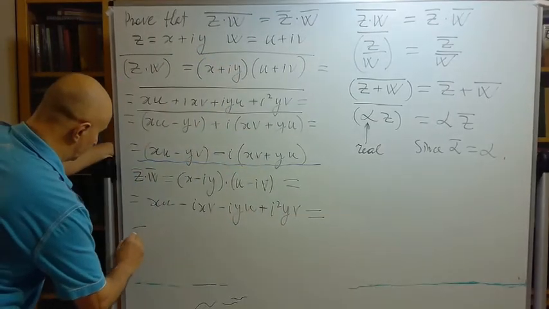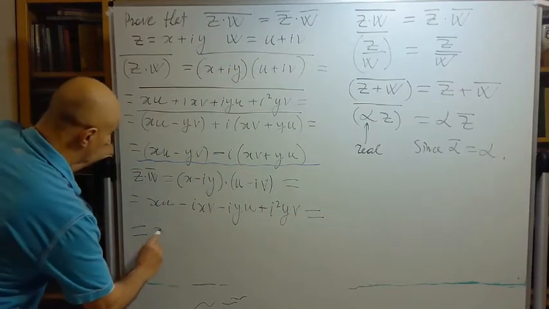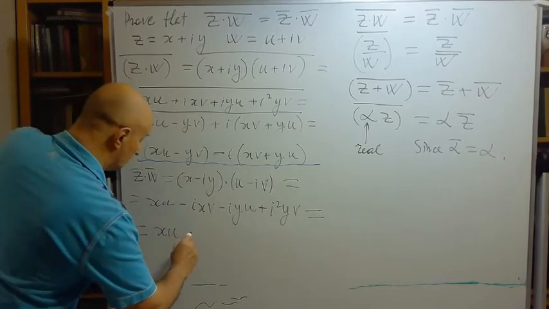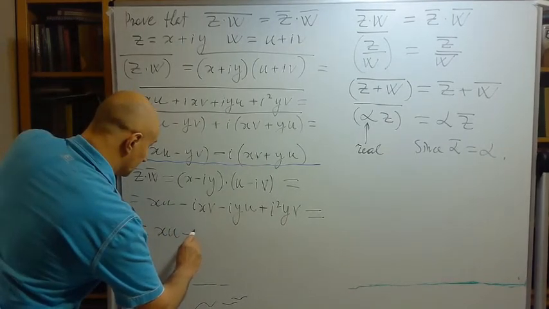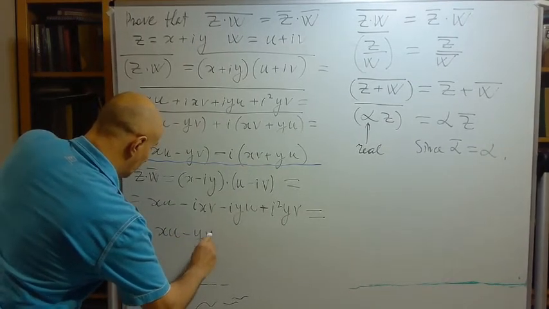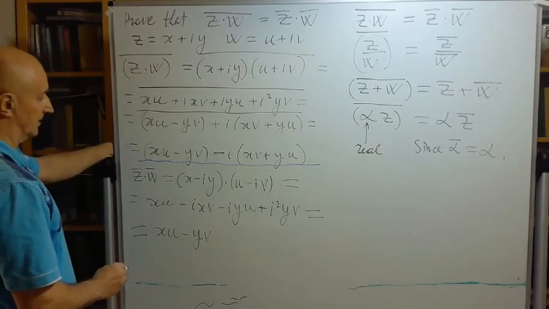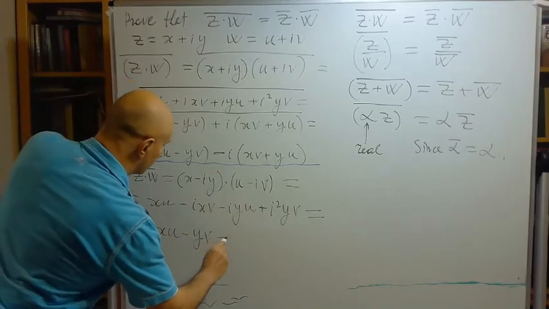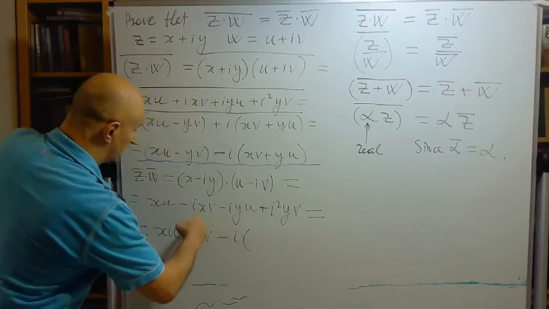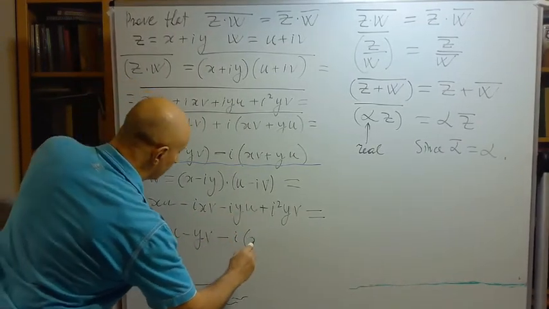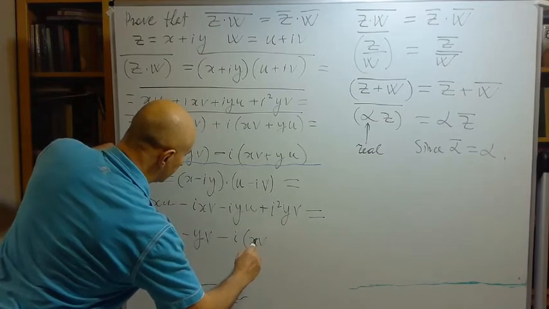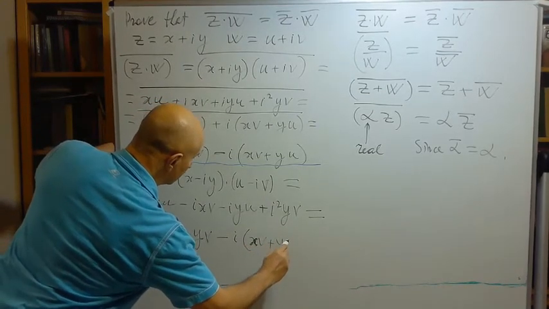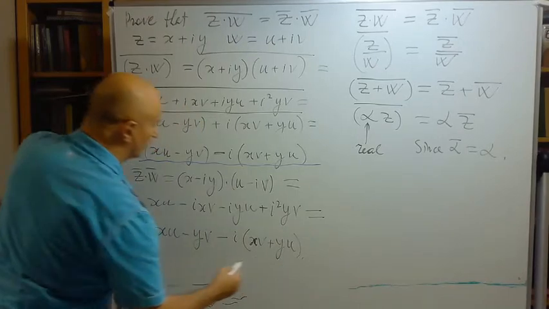So it will be xu minus yv, and I factor out minus i, and here will be xv plus yu.